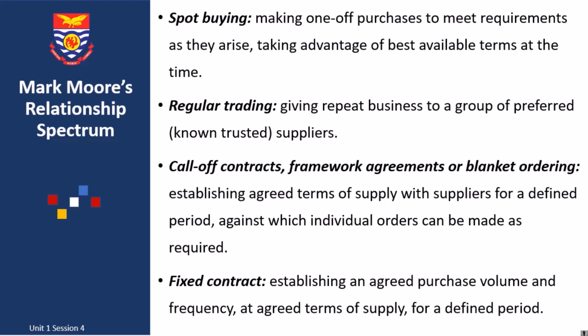Then we have call-off contract, framework agreements, or blanket ordering, where there are established agreed terms of trade, and orders are given as and when they are required. Then we have fixed contract, which is typical of the call-off contract, but orders are given at fixed intervals for a defined period of time.